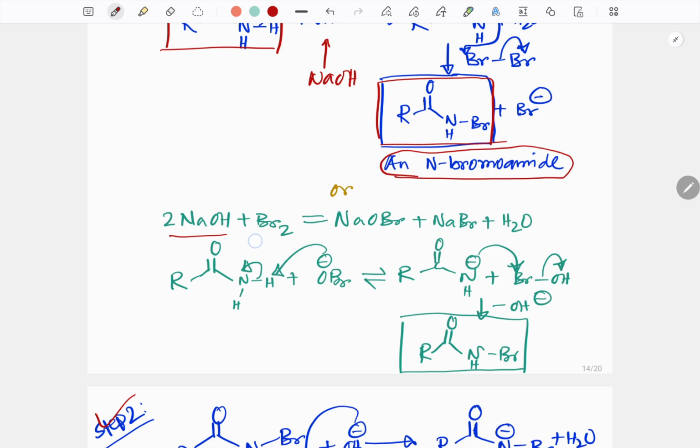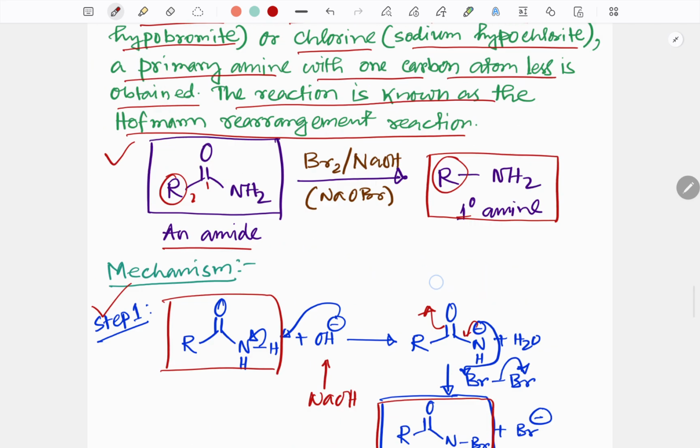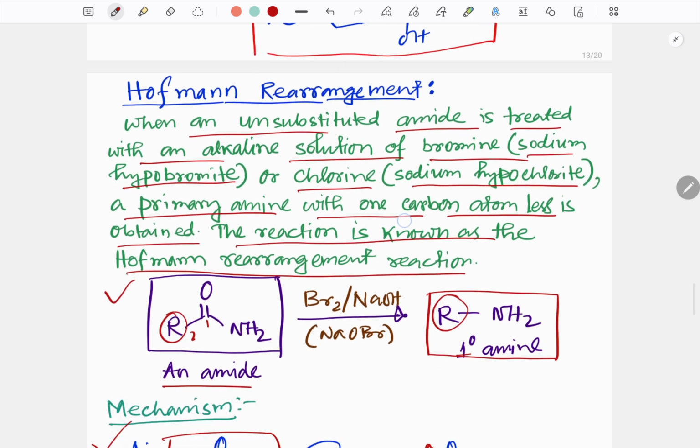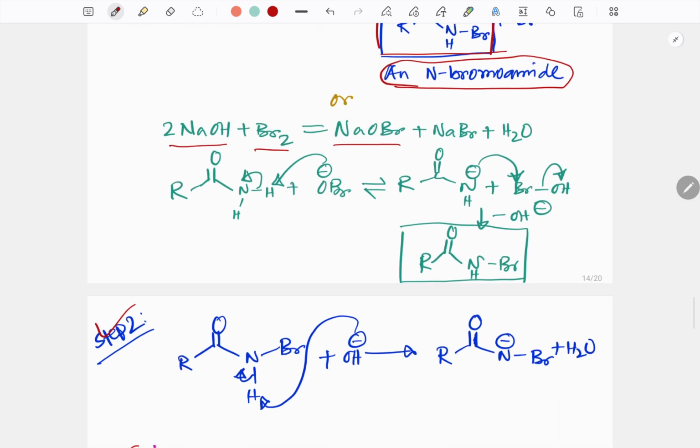When sodium hydroxide is treated with bromine, it will give you sodium hypobromite. Now that OBr minus will abstract one of the protons from this amide NH2 group, and then it will give you the final one, that is called N-bromoamide.